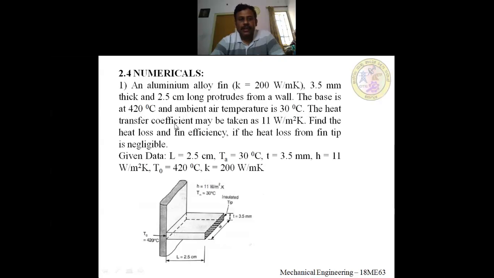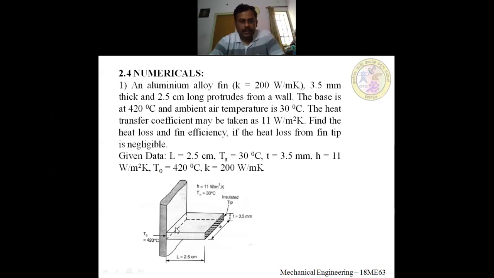The heat transfer coefficient may be taken as 11 watt per meter square Kelvin. Find the heat loss and fin efficiency if the heat loss from the fin tip is negligible. Okay, so this is a case of insulated fin. They have told that heat loss from the fin tip is negligible. If heat loss is negligible, you can take it as insulated fin.